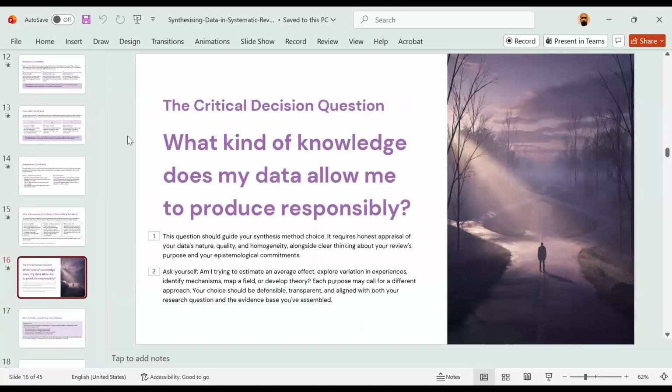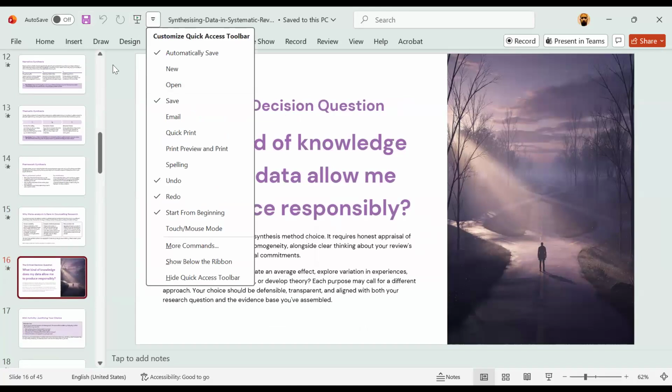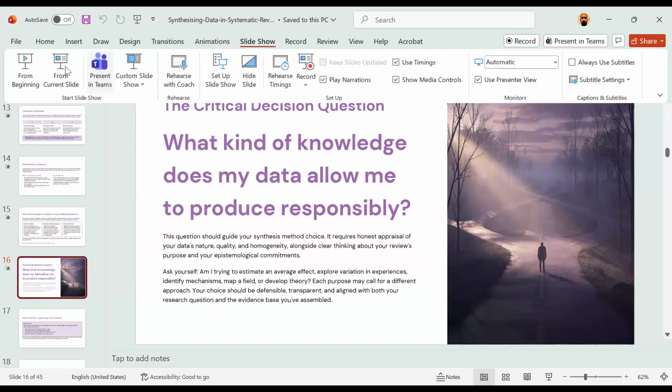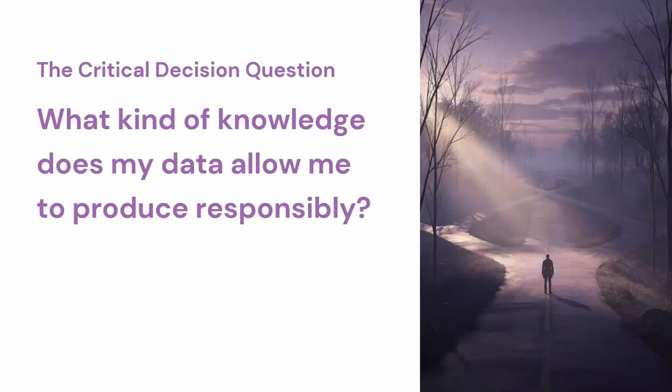Okay, so I'll start sharing now. Okay, so we're now at the stage where we're asking the critical question, what kind of knowledge does my data allow me to produce responsibly?